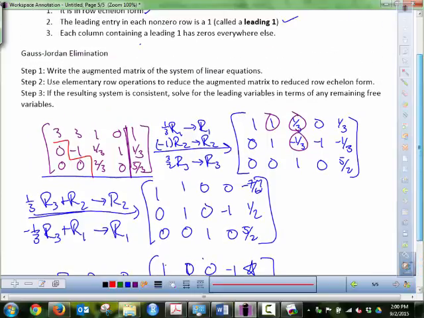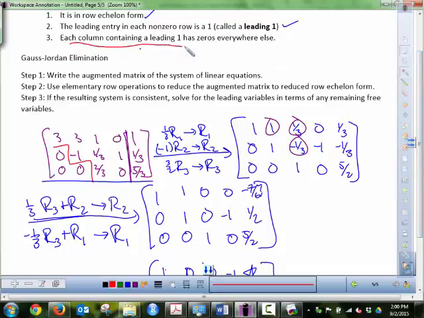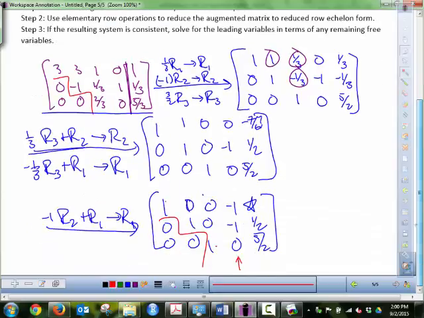So yes, each column containing a leading 1 has zeros everywhere else. This does not contain a leading 1. I have 3 leading 1s over here, so I'm looking at 3 columns that have zeros everywhere else. So yes, this is a reduced row echelon form.